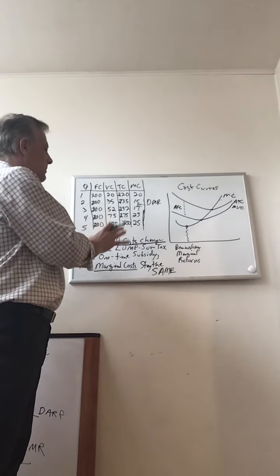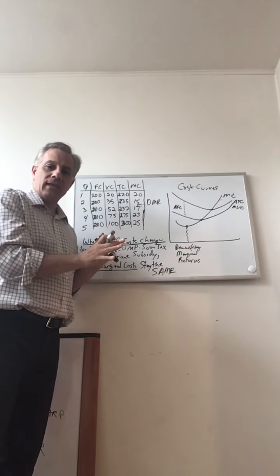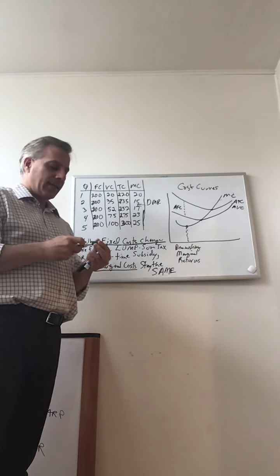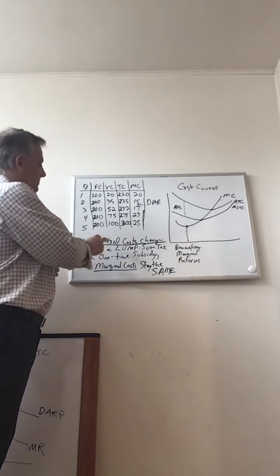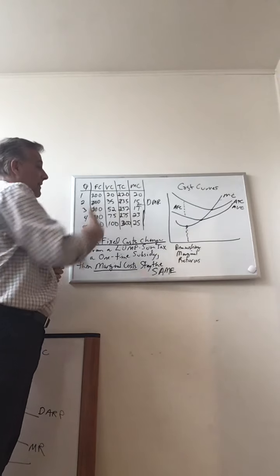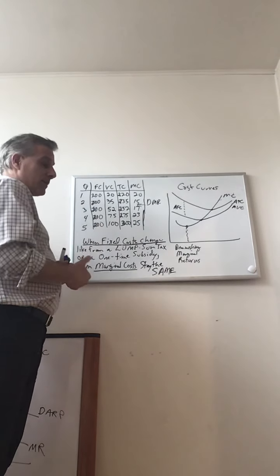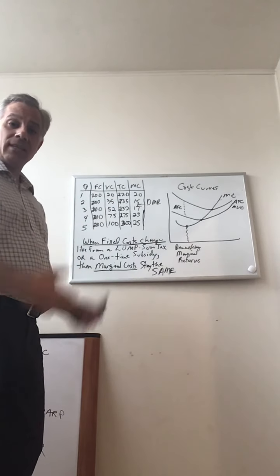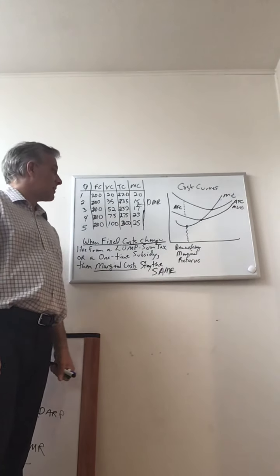Don't worry too much. You're not going to get a whole big, huge table. A likely thing is they'll give you fixed cost and variable cost and ask you to calculate a marginal cost. The marginal cost is the change in total cost, or it could also be the change in variable cost.